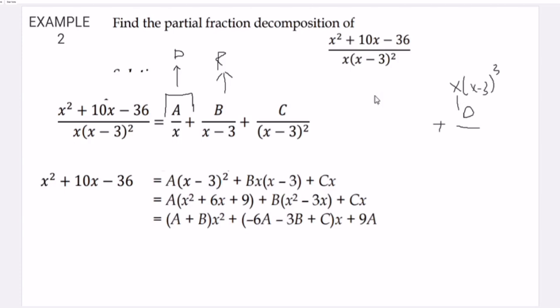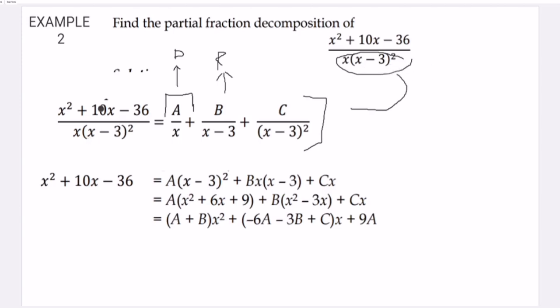After that, let's go back to our main problem. The next step is we need to multiply both sides by the factored form of our denominator.